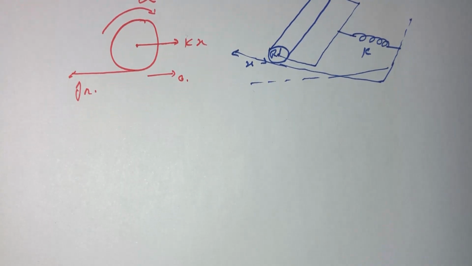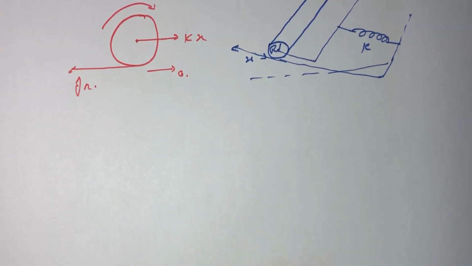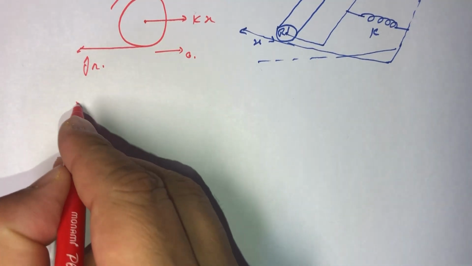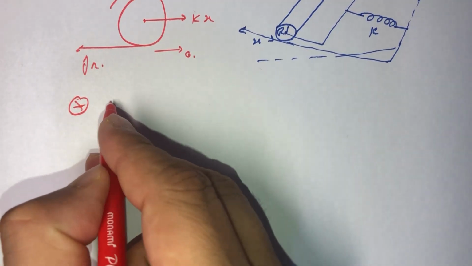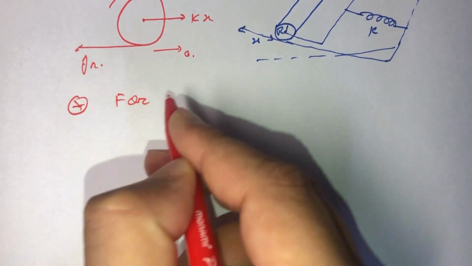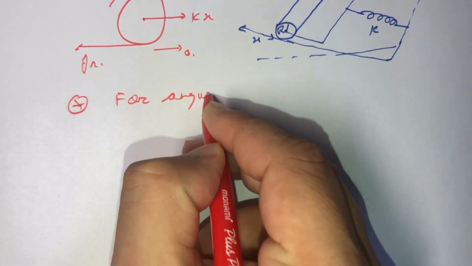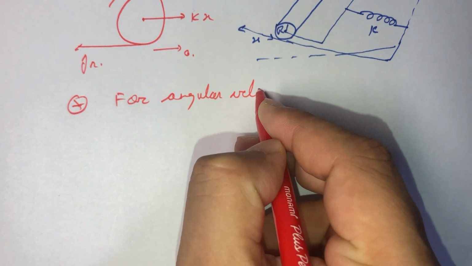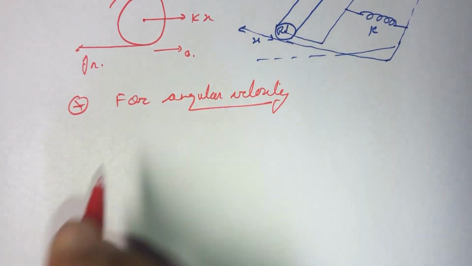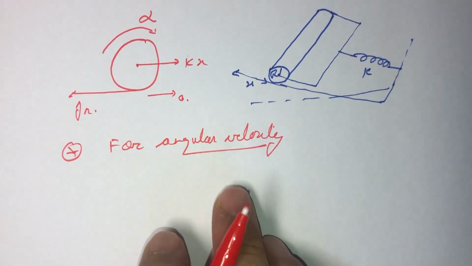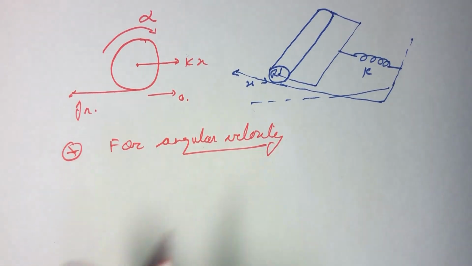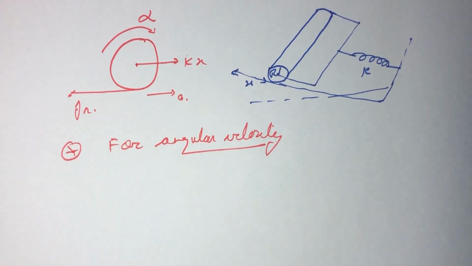Okay, rest things are same. So let me solve it for only angular velocity. So for angular velocity, here the theorem of parallel axis is being used to find out the angular velocity.